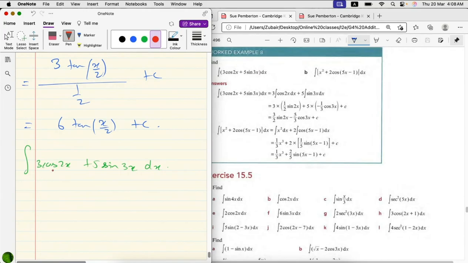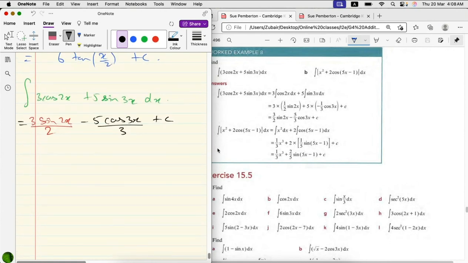So integration of cos is sine. 3 sine 2x and divide with the differentiation of angle, plus integration of sine is minus cos. Minus 5 cos 3x and divide with the differentiation of angle, plus c. So that's integrated. Try this B part.